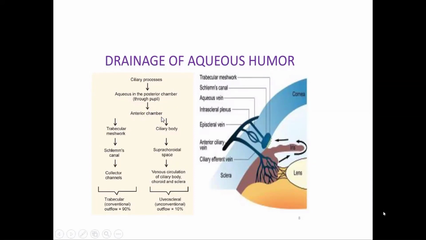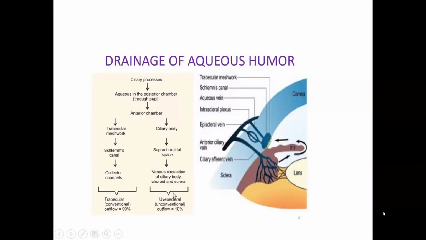There are two different pathways: one is the trabecular meshwork, the other is the uveoscleral pathway. In the trabecular meshwork, there is the canal of Schlemm. The aqueous humor that reaches the trabecular meshwork and the canal of Schlemm is drained by the collector channels. This is the conventional pathway, and 90% of the total aqueous humor is drained via this pathway, that is the trabecular outflow.